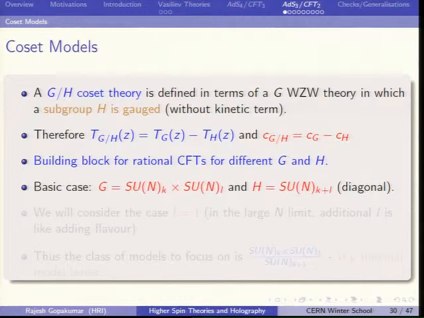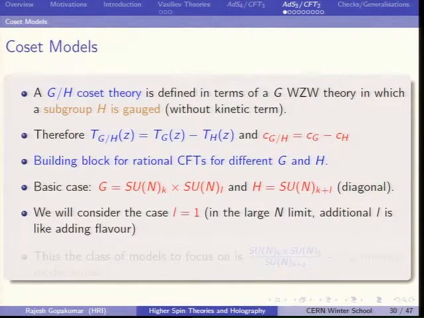And we'll take this SU(N) to be at level K, this could be at level K and this at level L, and this could be at level K plus L. But we will consider the case where L is equal to 1. So one of these is 1, and additional L does not seem particularly interesting.